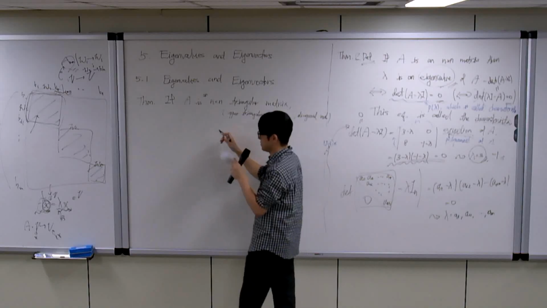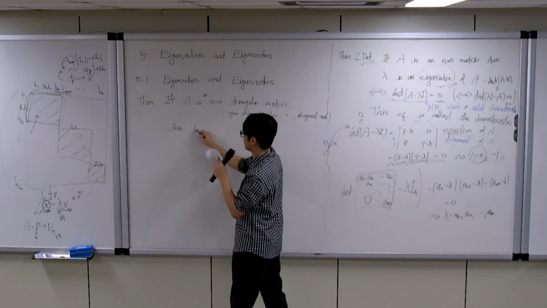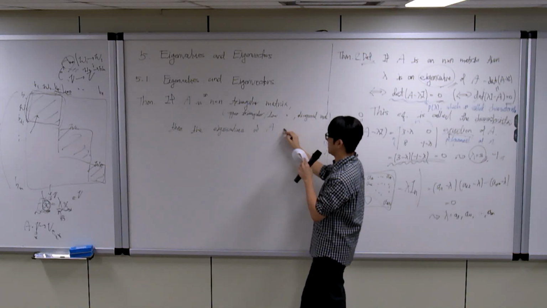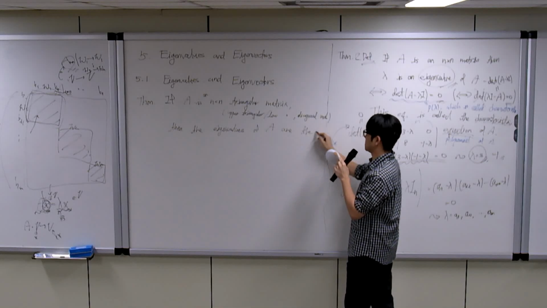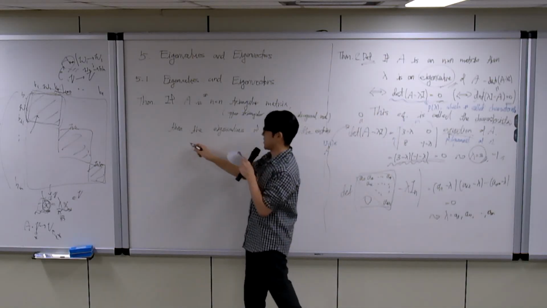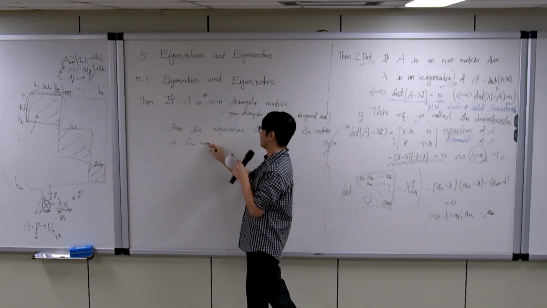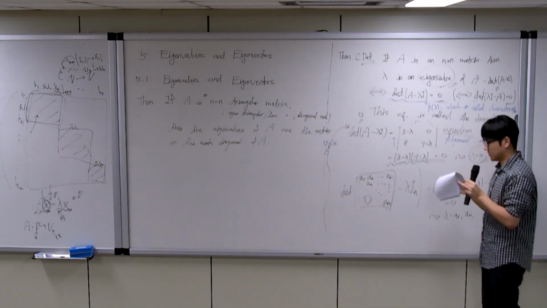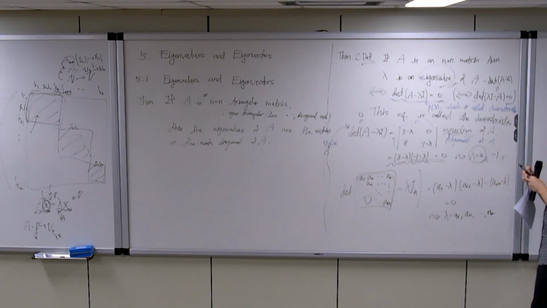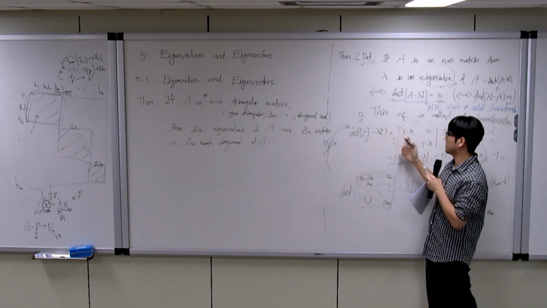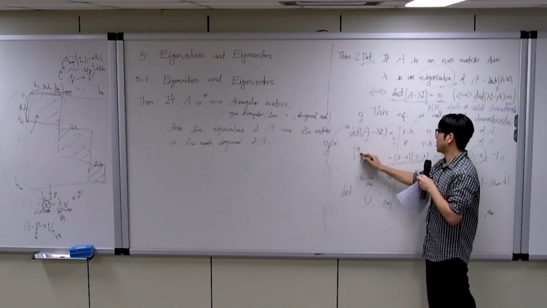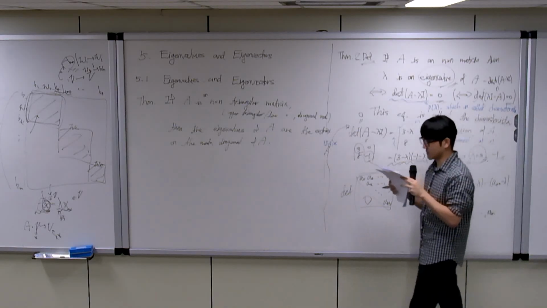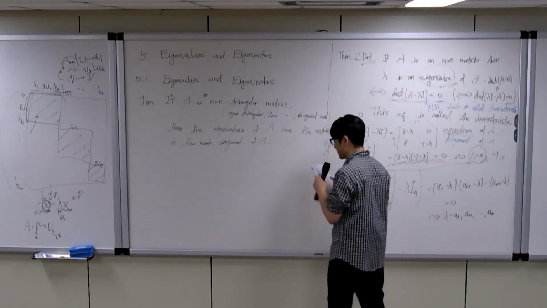Then the eigenvalues of A are the entries on the main diagonal of A. So as you can see, the matrix A here was 3, 8, 0, minus 1, and so the eigenvalues were 3 and minus 1. This was a good example.